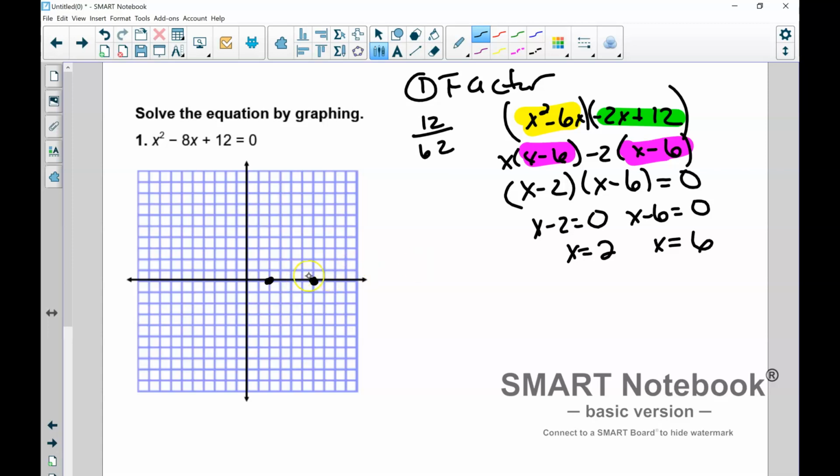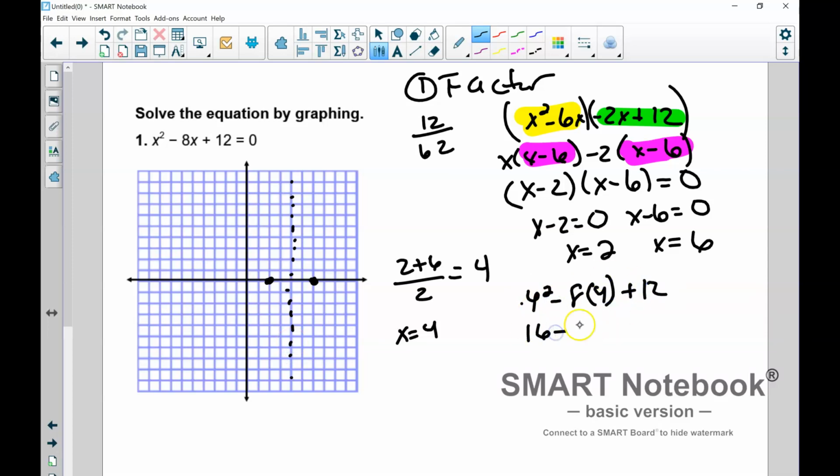So now I need to find the midway point so I can find the vertex. The halfway point between 2 and 6 is going to be 4. So I know that my axis of symmetry is 4. Now I can just take the 4 and plug it in. So 4 squared minus 8 times 4 plus 12: 16 minus 32 plus 12 is negative 4.